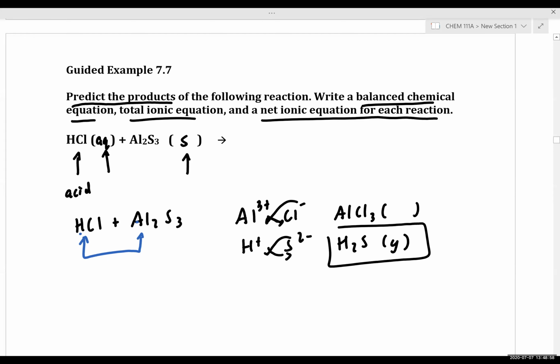What state symbol do we put for aluminum chloride? Aqueous. Okay, perfect.